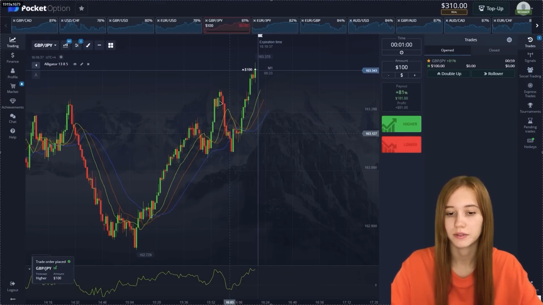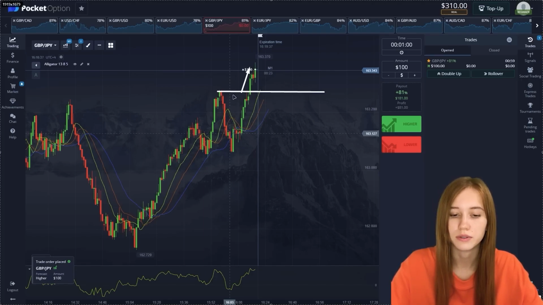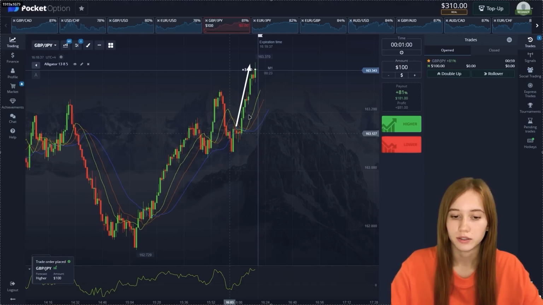If we highlight the resistance area, it was overcome confidently. This shows good growth. According to the general trend, there's an increase on the market. We trade with the trend. Open up. We see a good upward trend in the indicator.